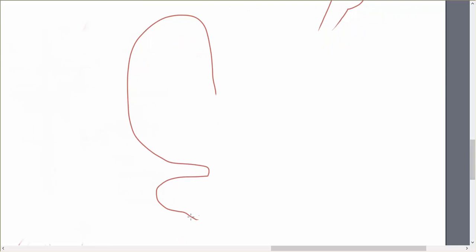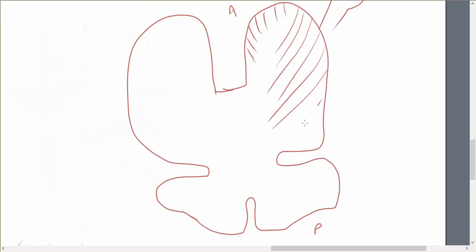I'm drawing the transverse section of the brain. That artery is called the lenticular branch from the middle cerebral artery.